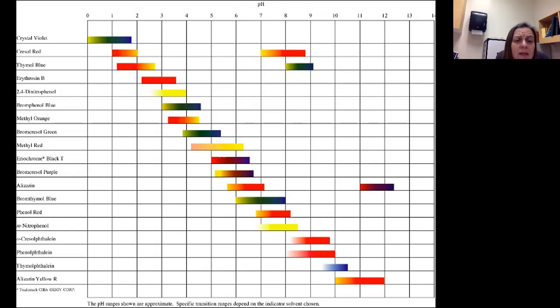And so if we had something that had an endpoint near 5, we could use methyl red because it changes there. We could also use bromocresol green, but it would be more difficult to see. If we have one that changes pH near 6, we could use alizarin or bromocresol purple. Both of those would be good indicators.